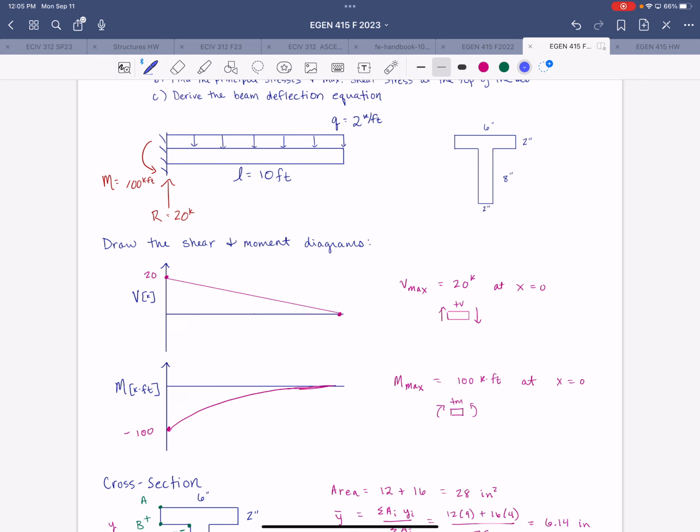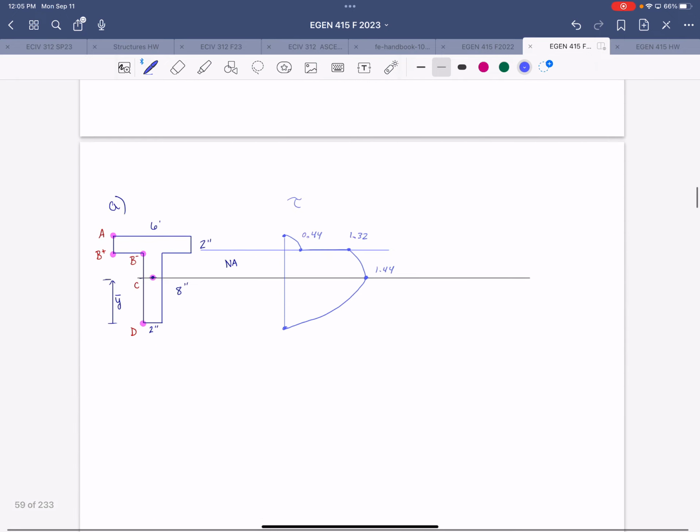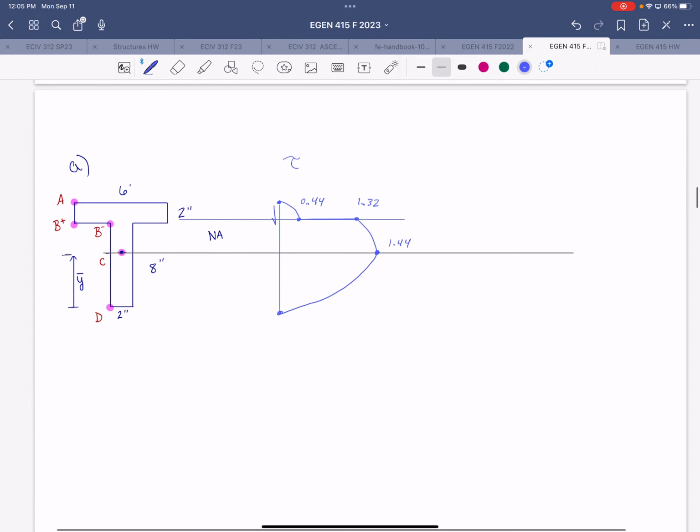If we look at the sign convention for positive shear, and we consider the right side of a segment, it's going to be downward, right? So that's how we would interpret it in our stress sketch, right? Shear flowing downward.